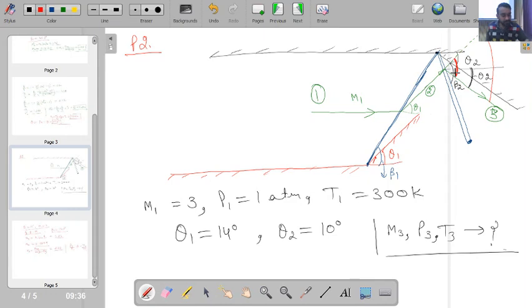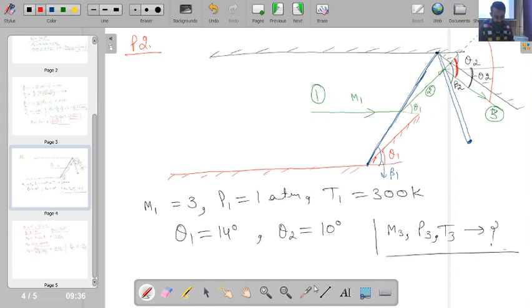Okay. So if you see with horizontal, this streamline has deflected at an angle theta 2, and with horizontal the first streamline was moving at an angle theta 1. So the total angle between the two streamlines will be nothing but theta 1 plus theta 2. Is this point clear? So for the case of this reflected shock wave, the total deflection angle between the streamlines is theta 1 plus theta 2.